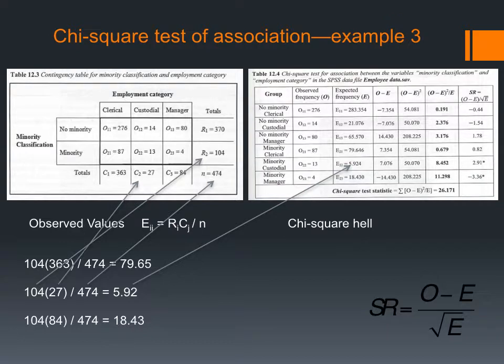And then again here we can use the row 2 value and the column 2 value. So every possible combination gets done here. 104 times 27, and then divide that by 474 equals 5.92. And then that's subtracted from 13, you get 7.076, and then you can get your same values that we've done before.